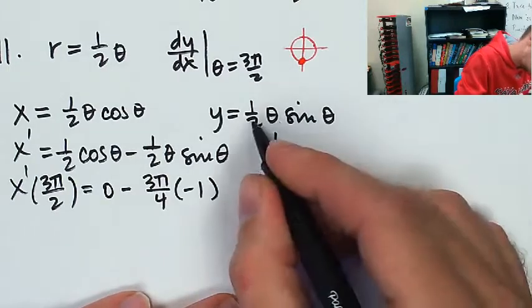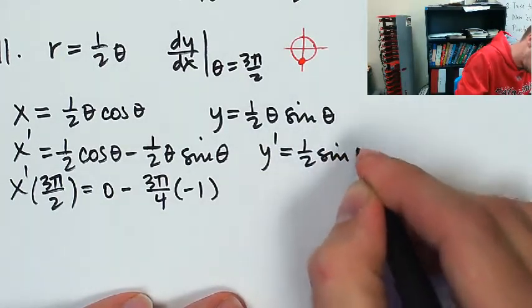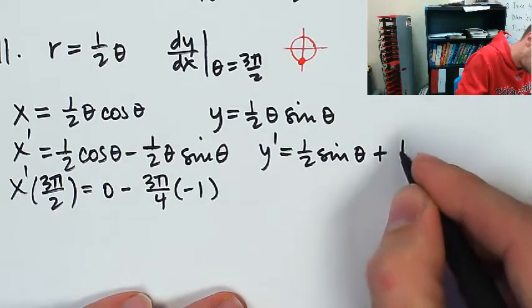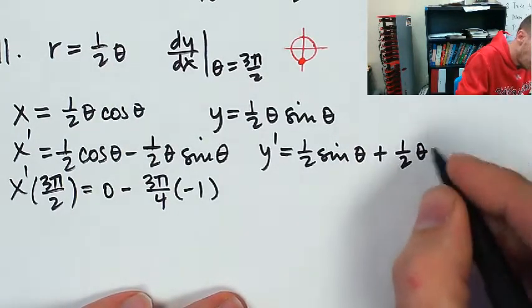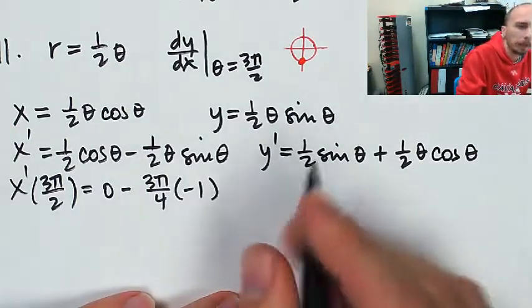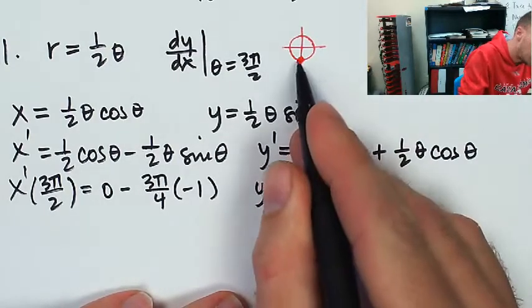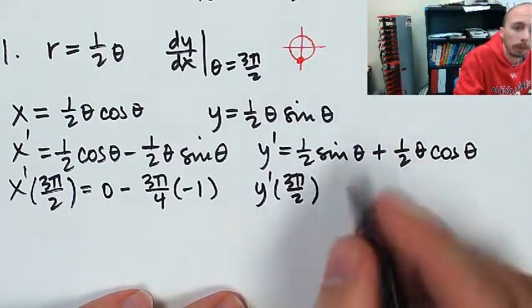Same situation. Product rule, take the derivative of the first factor, leave the second factor the same, then add in, leaving the first factor the same, taking the derivative of the second factor. Then I'm going to plug in 3 pi over 2, knowing that here sine is -1 and cosine is 0.